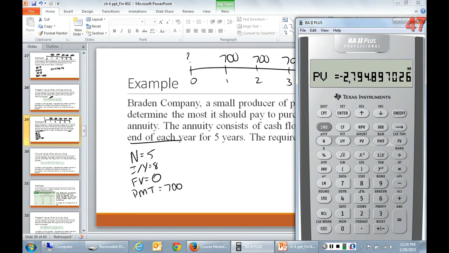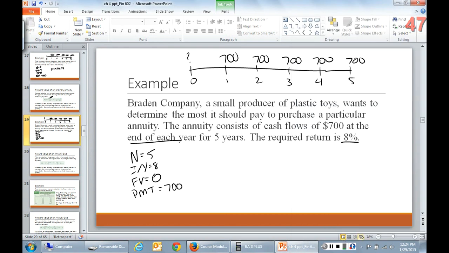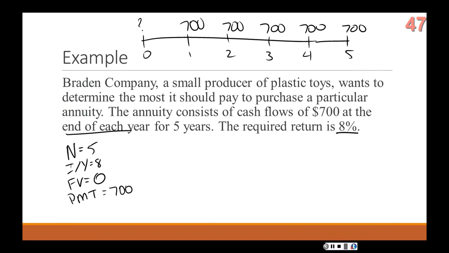But if you were putting this in for an answer, you should put in a positive because it doesn't make sense to say that you're paying a negative amount. So the present value, $2,794.90.